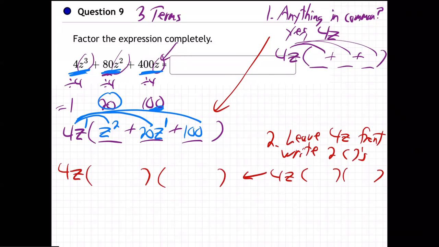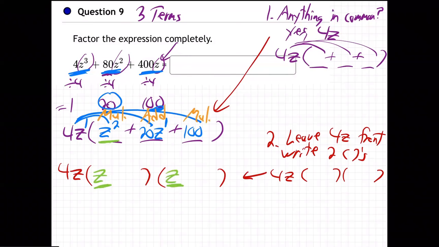And then exactly how do I do these 2 parentheses? Well, you remember it's all about multiply, add, multiply, right? When you have 3 terms, multiply, add, multiply. We need the front times the front to make the front. That's easy. That's z times z to make z squared.